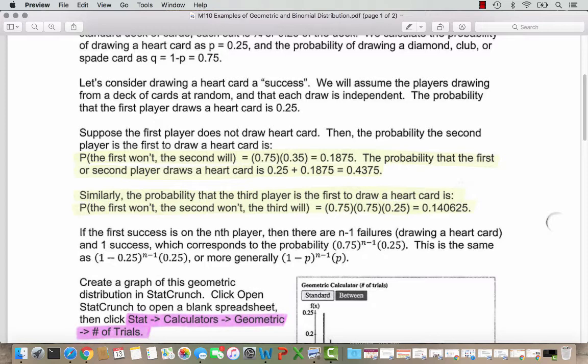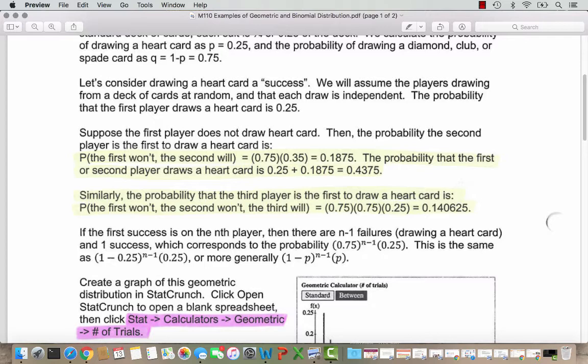All right, similarly, the probability that the third player is the first to draw a heart card is the probability the first won't, the second won't, and the third will. And that is 0.75 times 0.75 times 0.25. And the 0.75s are the instances where we're assuming the first won't draw a heart.